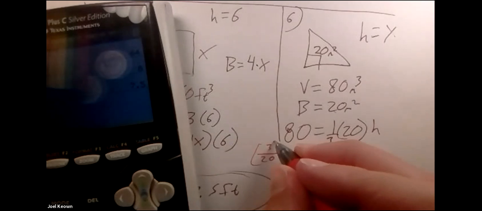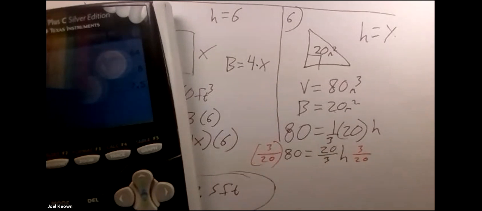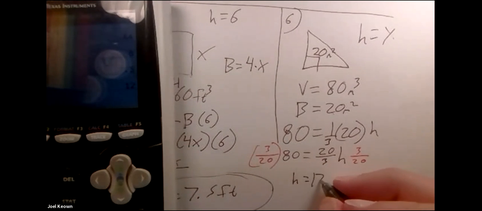I know that's still going to come out to be a never-ending decimal, most likely, but actually no, this will. So we'll take 3 divided by 20 times 80, and there we go. Our height is 12 meters.